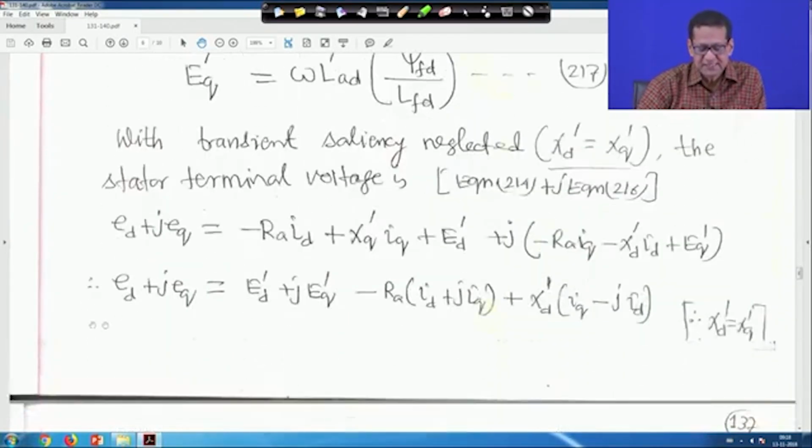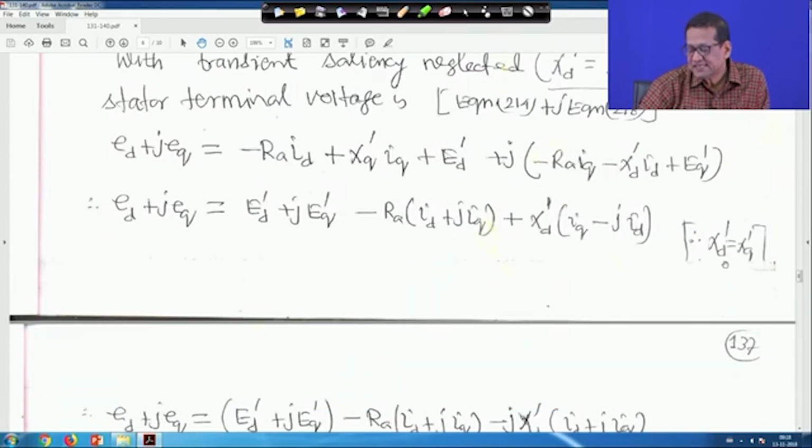In that case, this equation can be written as E d plus j E q is equal to capital E d dash plus j capital E q dash, and this can be written as minus R A in bracket I d plus j I q plus x d dash in bracket I q minus j I d. We have assumed that saliency is neglected, so x d dash is equal to x q dash.